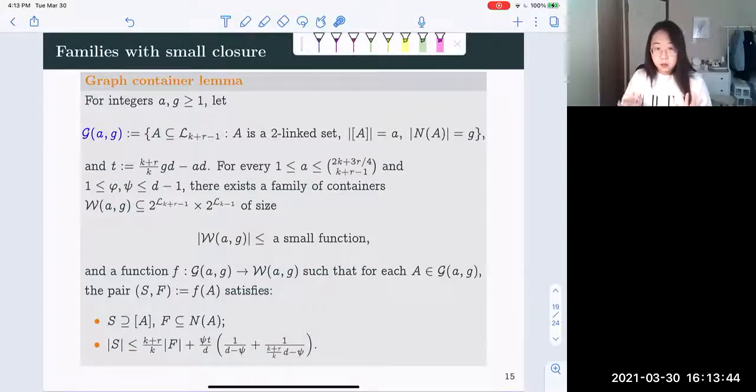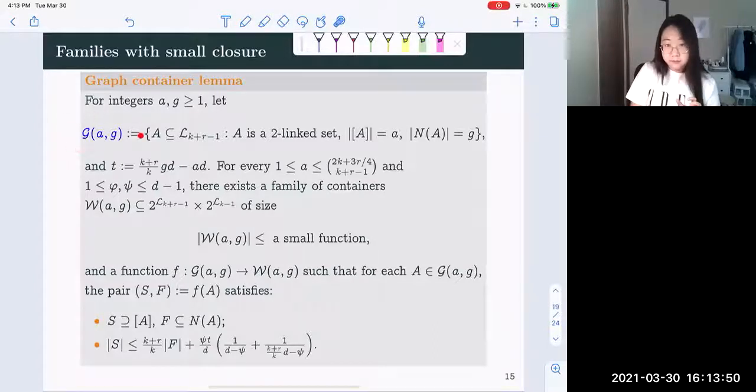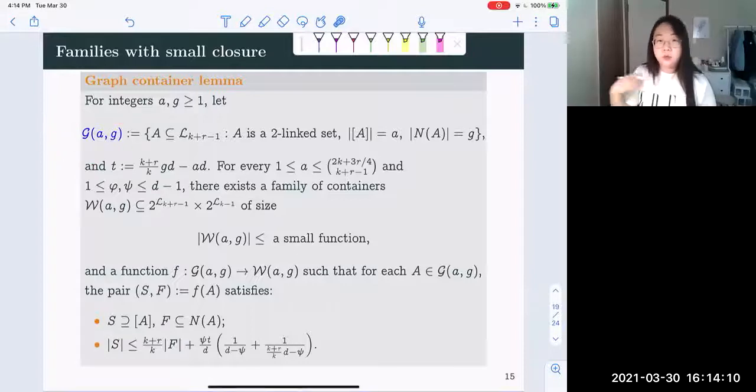The goal of this statement is to give a container for this set family, this G of A, which is the collection of two-link sets with a given size closure and a given size neighborhood. We fix the sizes and see how many choices there are. If we have a container for that, we could use it to give an upper bound on this family, which will answer our question from before.